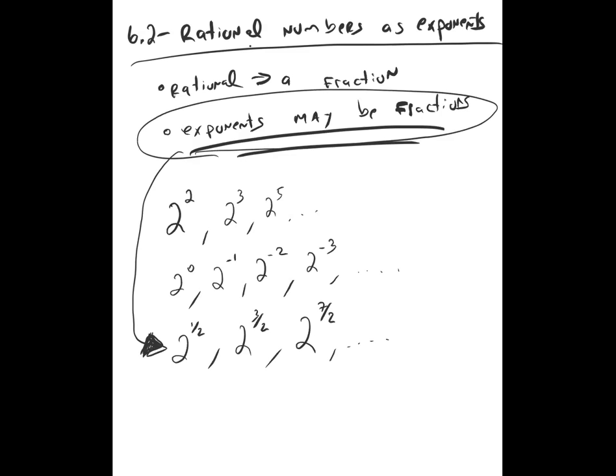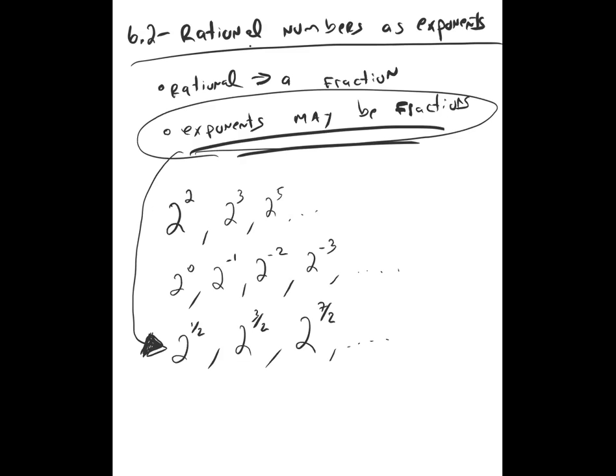Right? And one thing that we can always do is rewrite exponents to radicals. So we talked about square roots in the last section. We talked about cube roots and kth roots in the last section.